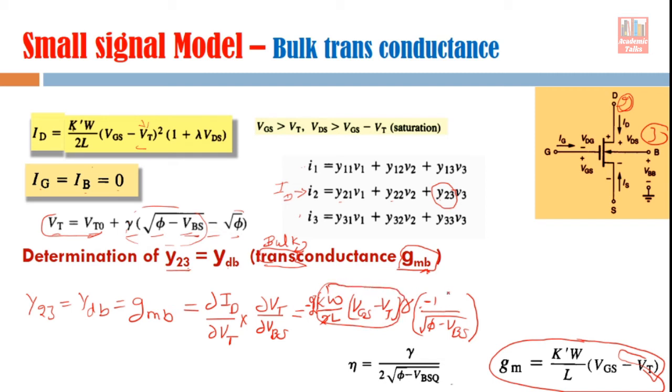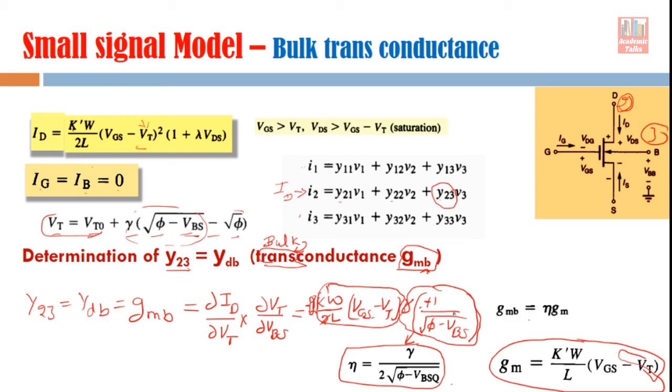right, and this part is another constant which is denoted by this eta. So this is constant. So replace this part by this and this part by Gm. There is a minus sign here, there was a minus sign here, so minus and minus will cancel each other. So what will you get?